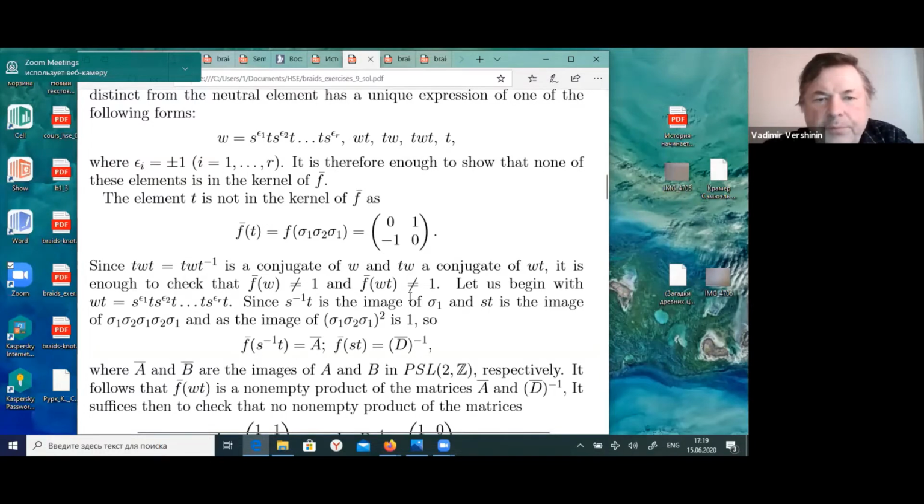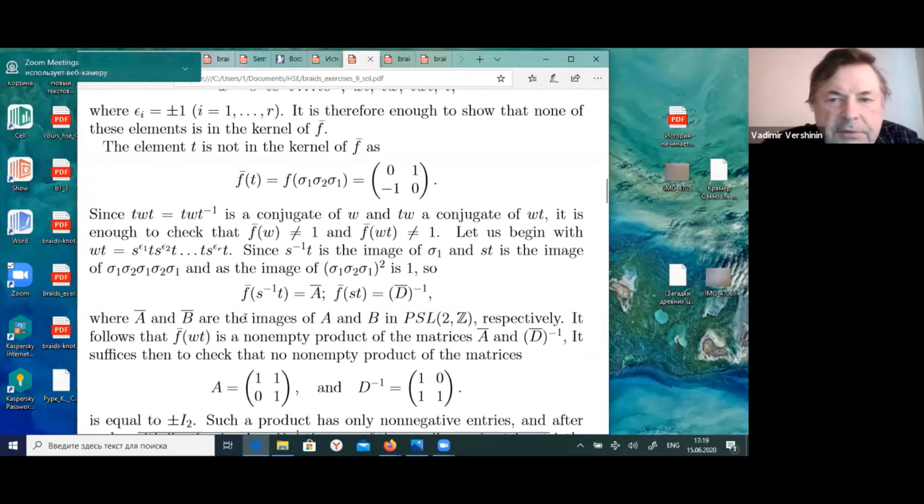If we prove this, then because it is conjugate, it is also non-trivial, because if the image is trivial, then T minus 1 is also trivial. This is standard conjugation in group theory. So let's begin this a little bit boring procedure.